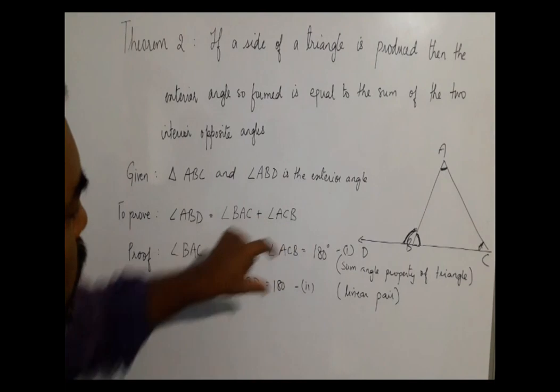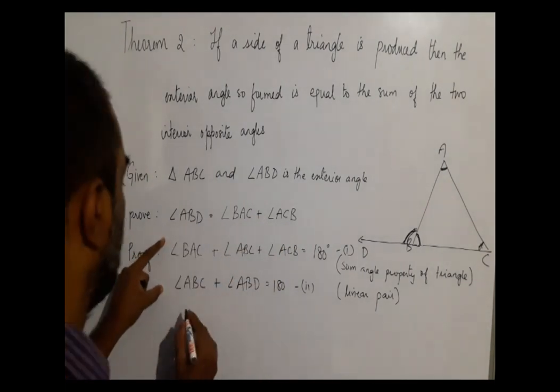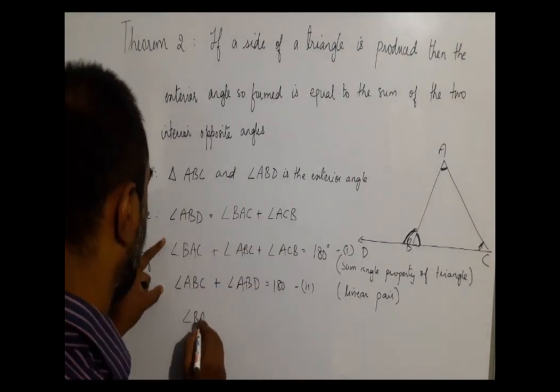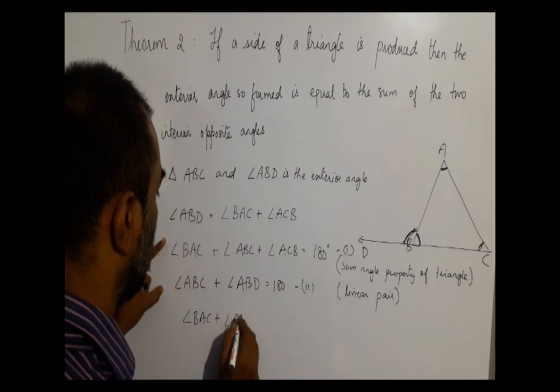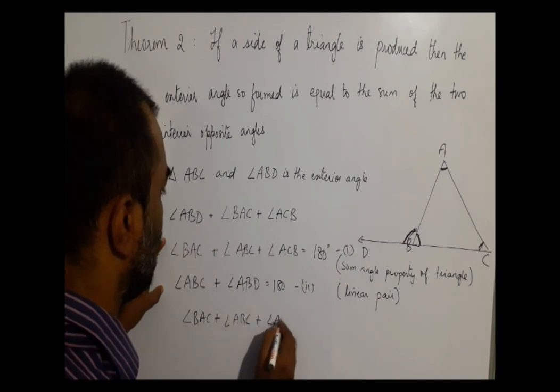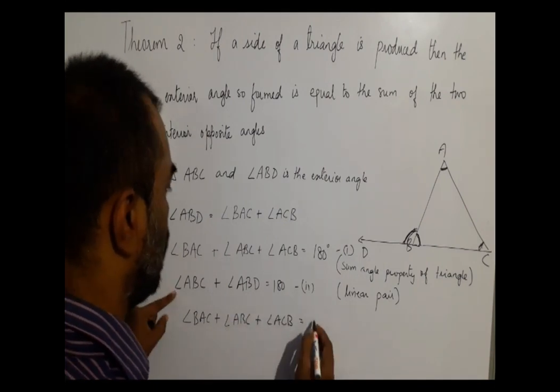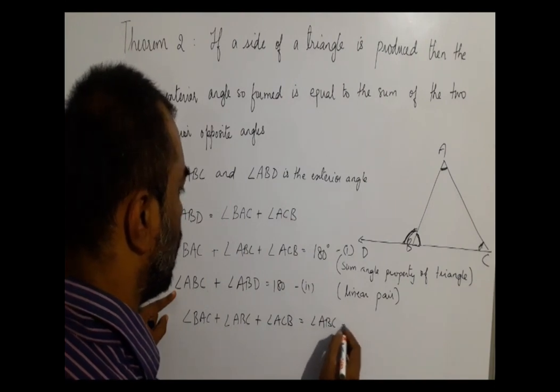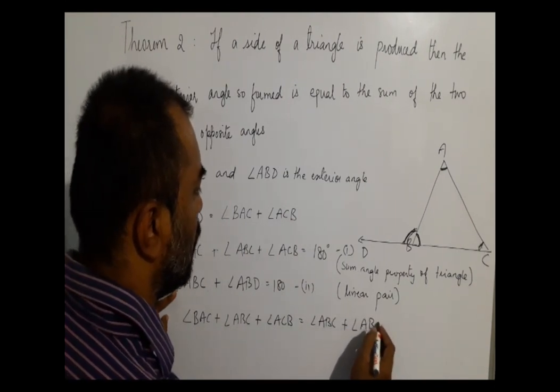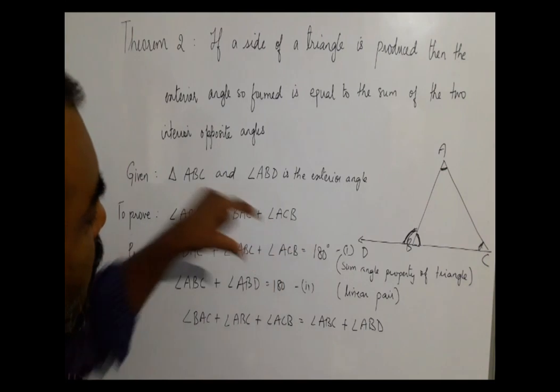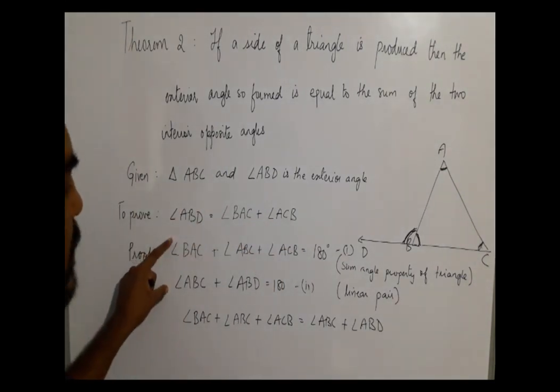Now these two are equal, then these two should also be equal. So we have angle BAC plus angle ABC plus angle ACB equal to angle ABC plus angle ABD. Because these two are equal to 180, this is also equal to 180, Euclid's axiom.